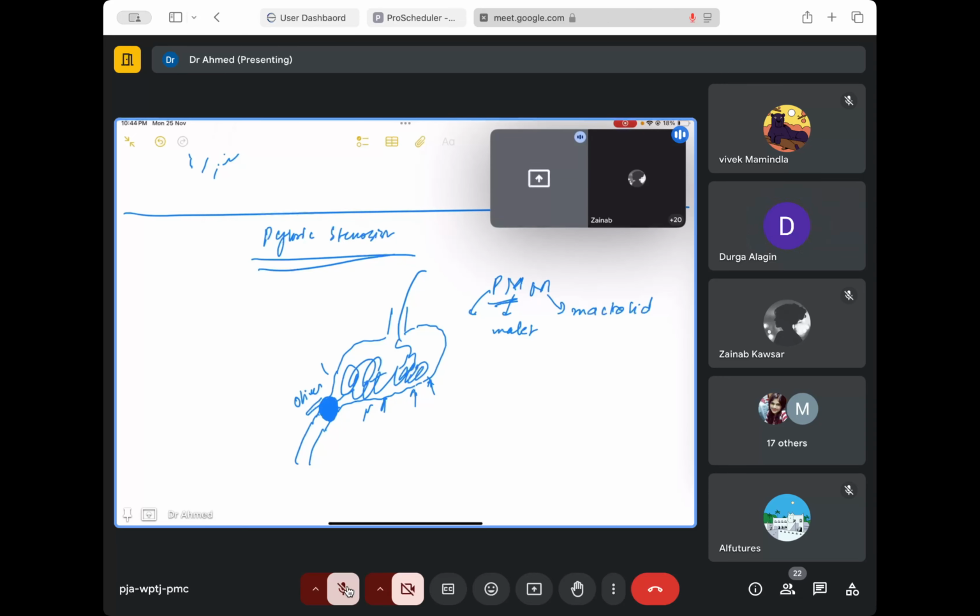For example, if the mother is using a lot of macrolides, you know what macrolides are? 50S inhibitors: erythromycin, azithromycin. Whenever you see the word thromycin, it indicates macrolides. So PMM: pyloric stenosis in a firstborn male, and if the mother is using macrolides.